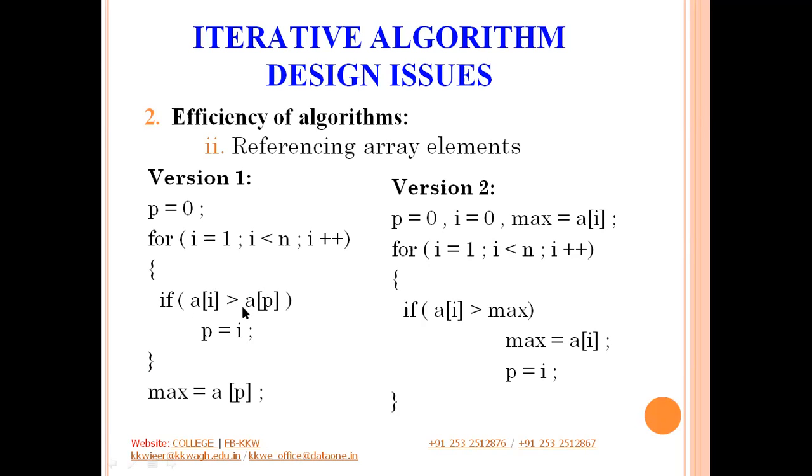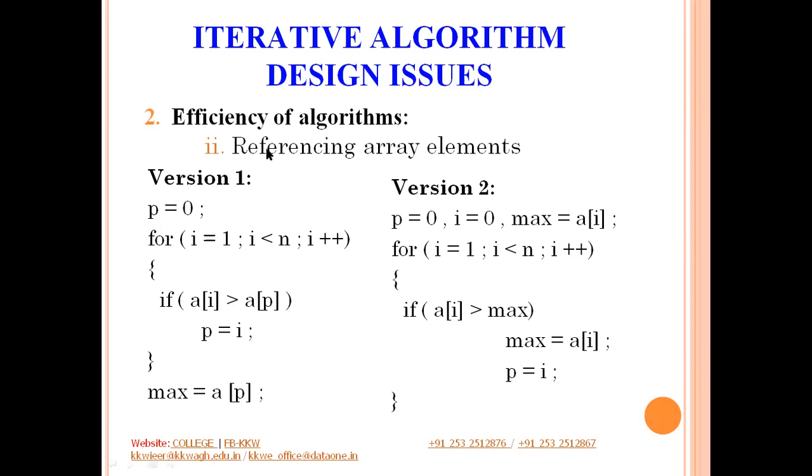So two array references are used at the same time in the first version, whereas in the second one you are using a single array reference. So this second version is much more efficient because it uses a single array reference, and using array references is a costly affair. So you should write algorithms in such a way that minimum array references are being used.